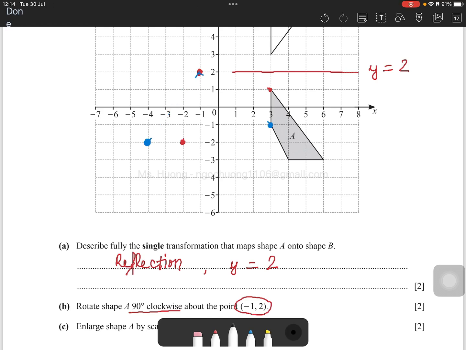Then, look at this black vertex. And we also rotate it 90 degrees clockwise. So the image of that is here. And I also remove these black lines.